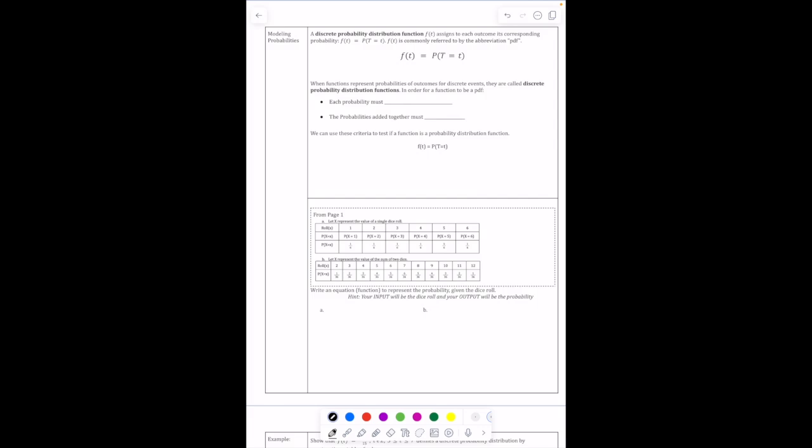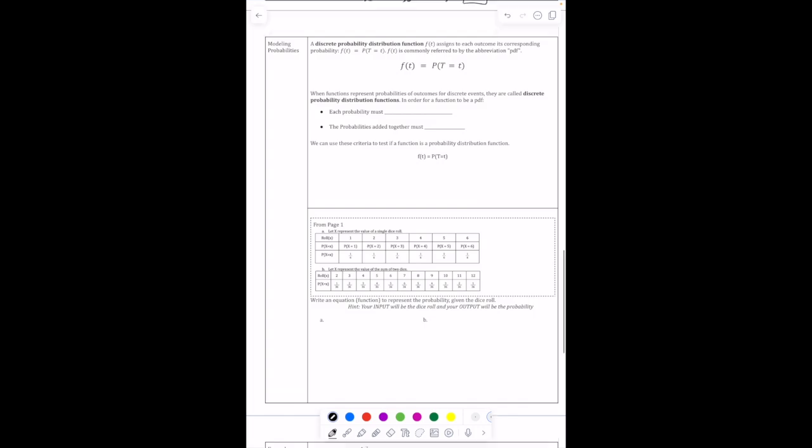This is one where we make an equation to represent the probabilities, since for probability distribution functions, our inputs or our outcomes are always going to be numbers. So for this one here, we've got a function where our input t is going to be a possible outcome, and then our output, p of t, is the probability of that outcome.